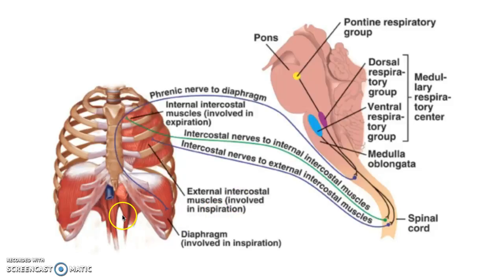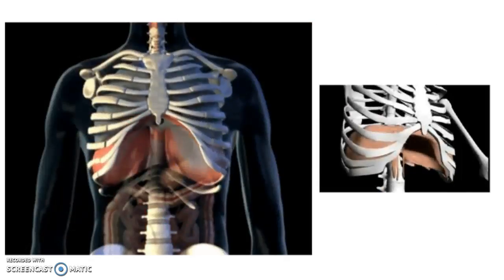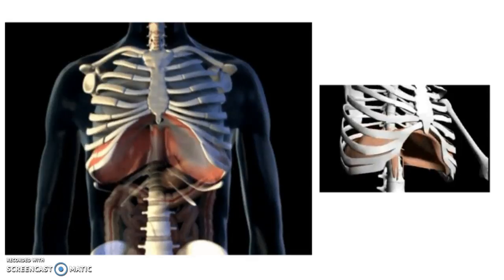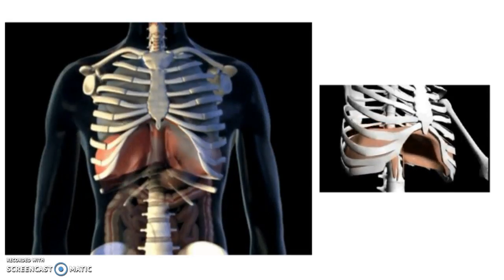This will go to the effectors, the intercostal muscles and the external intercostal muscles, and the diaphragm, going through the phrenic nerve to the diaphragm. So the effectors are the internal intercostal muscles and the diaphragm.